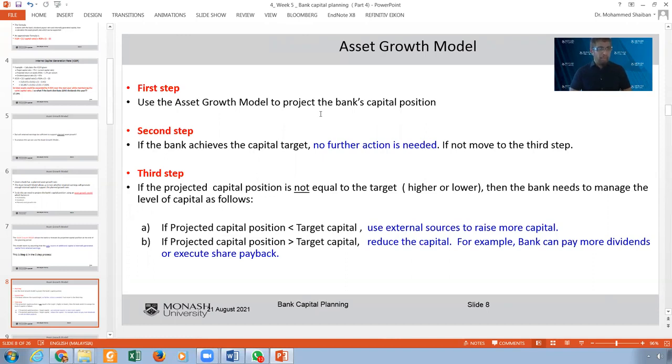I will see whether the capital will support the growth. And what is the measure there? If my internally generated capital is supporting my growth, which means I am still on the target capital, I still can increase my assets.